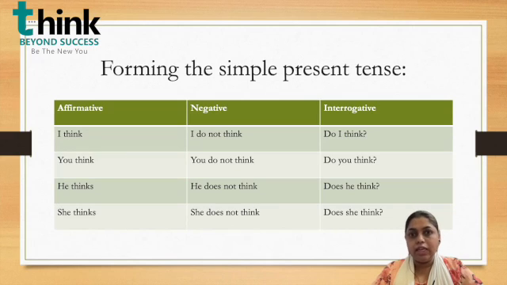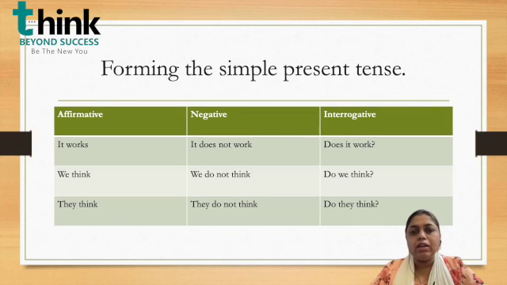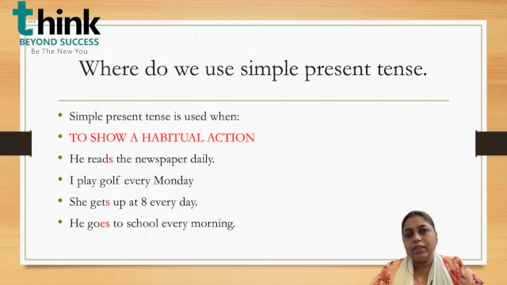Does he think? She thinks. She does not think. Does she think? It works. It does not work. Does it work? We think. We do not think. Do we think? They think. They do not think. Do they think?